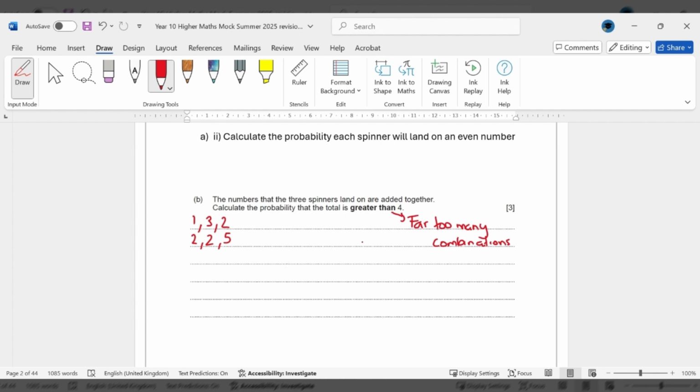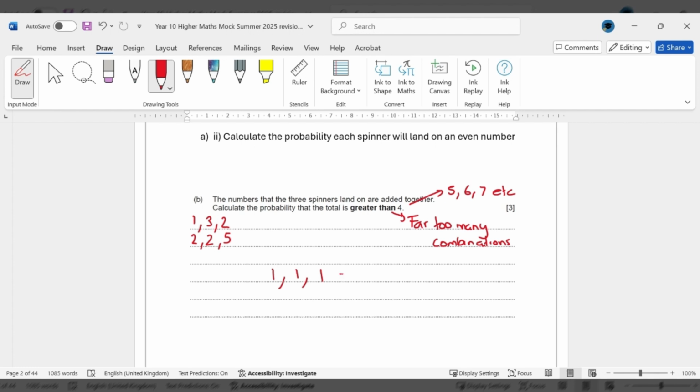Okay, so if you think of greater than 4 as 5, 6, 7, etc., right? That doesn't include 1, 2, 3, and 4, right? So how can I get the 3 spinners added together to answer 1, 2, 3, or 4? Well, the only options are a 1 on the first spinner, a 1 on the second, and a 1 on the third.